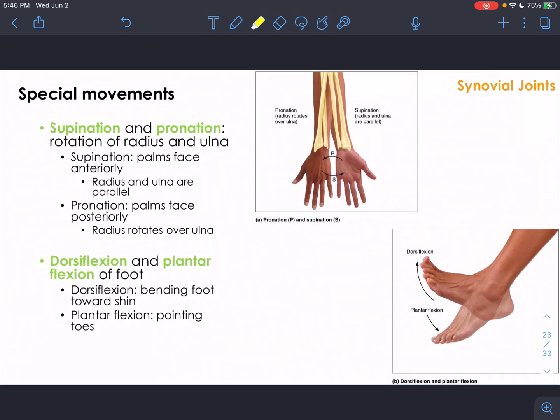Okay, and there's also some special movements we'll talk about. We have supination and pronation, which is specifically talking about the rotation of your radius and ulna. Supination has your palms facing anterior. Pronation is palms facing posterior. Okay, so supination, pronation.